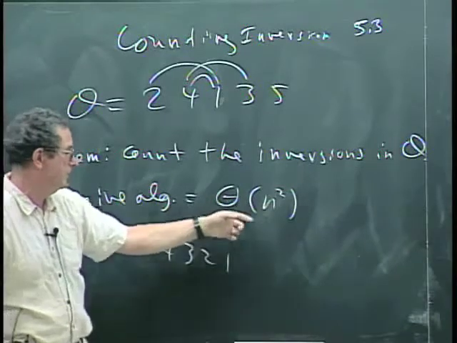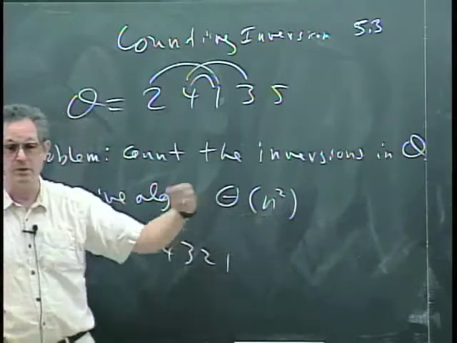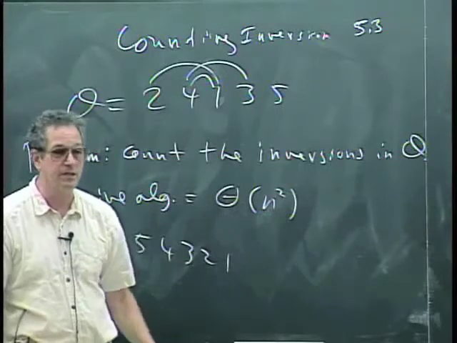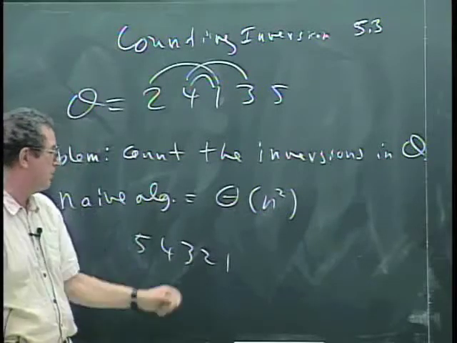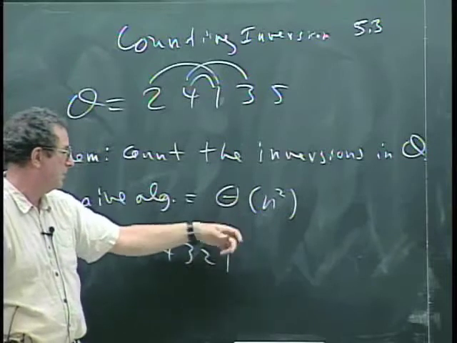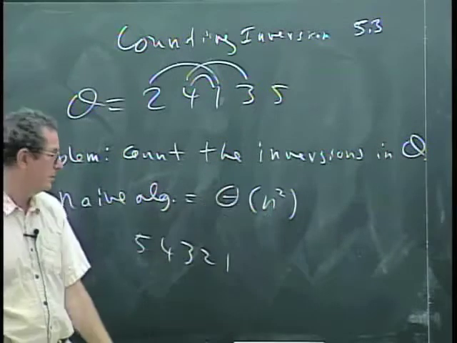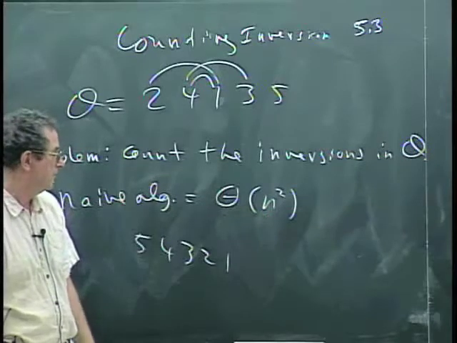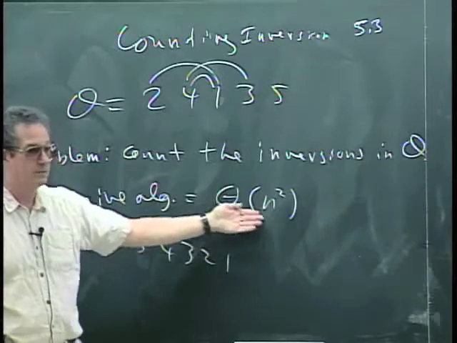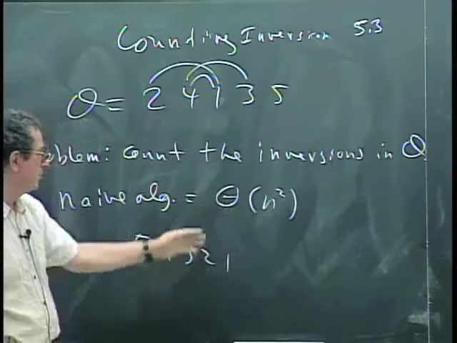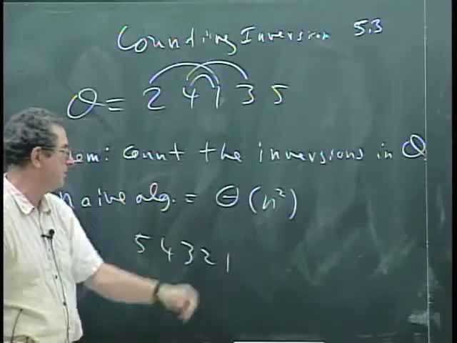If you have to output 25 things, it's going to take you at least 25 operations to output them. If you have to output theta of n squared inverted pairs, then it's going to take you at least that many operations. So enumeration is going to take at least that long.